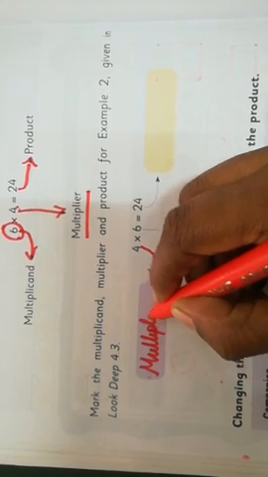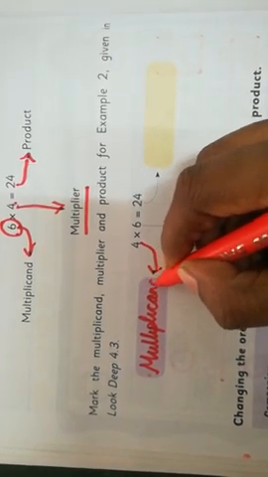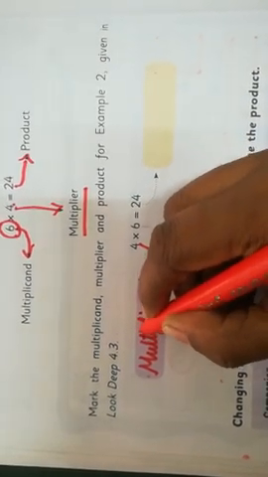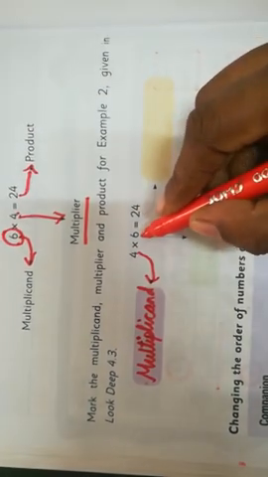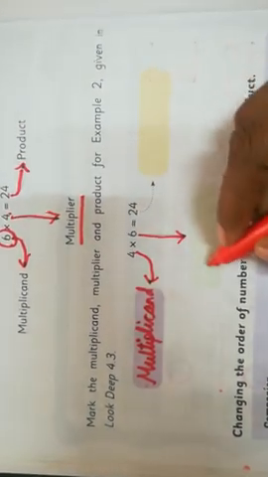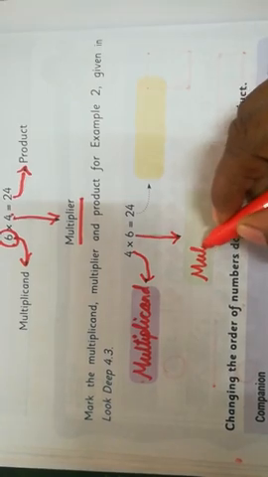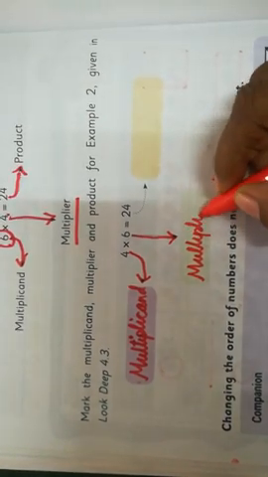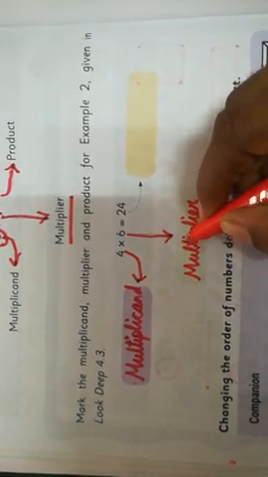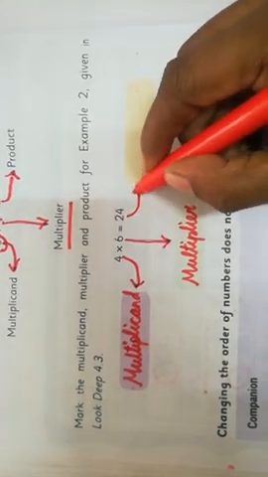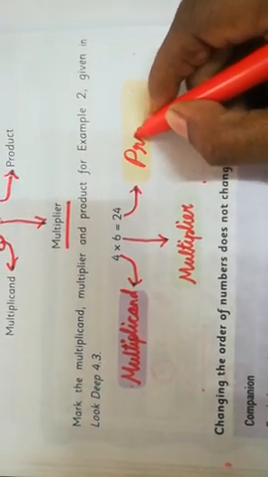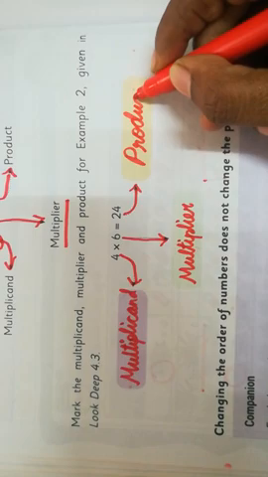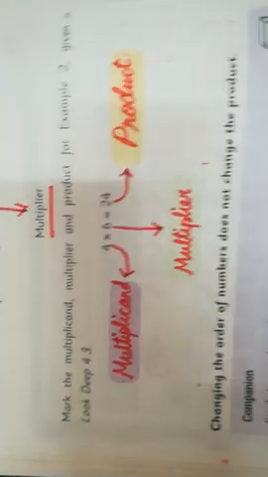Write the answer here, children. The second number will be called, yes, multiplier. The answer will be called the product. These three are very, very important, children.